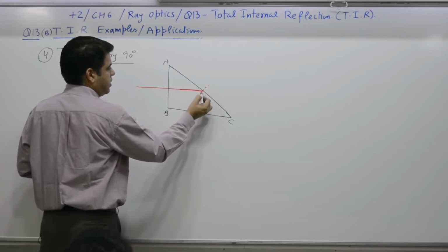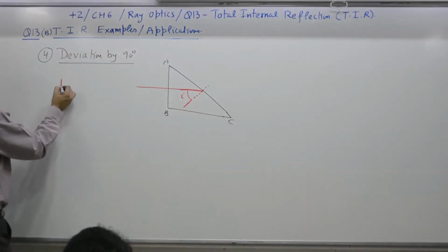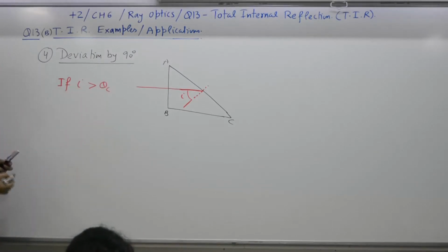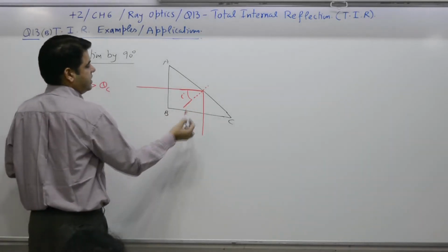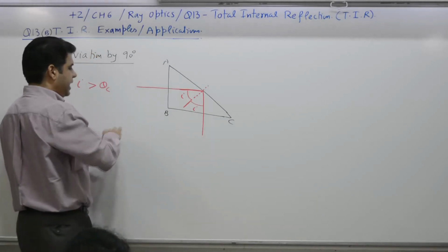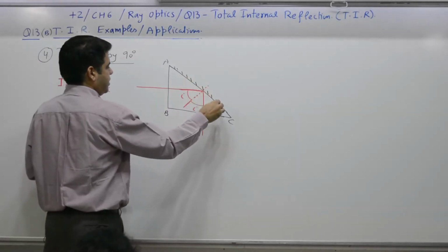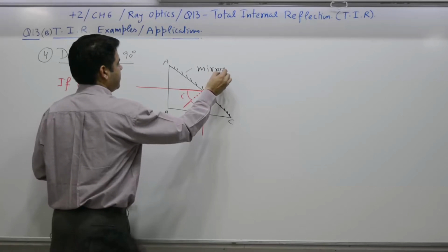At this point, the angle of incidence is I. If I is more than theta critical, then TIR will take place. The angle of incidence is equal to the angle of reflection, and this face AC behaves as a mirror reflecting surface.